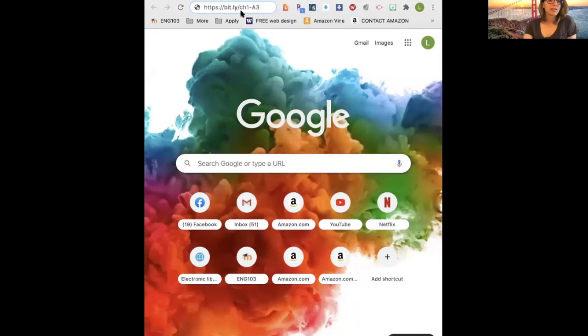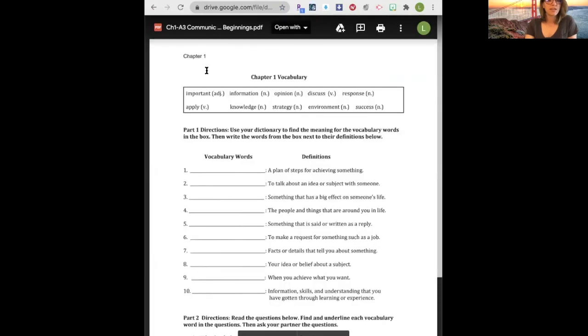I will share my screen so you can see the bit.ly right here. And that will take you here to this PDF page, which you can print or you can write on if you have like a tablet or something to write on for PDFs.